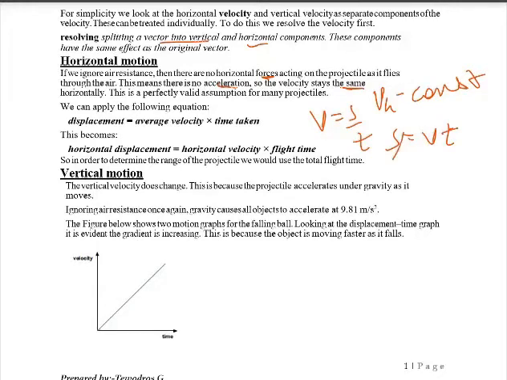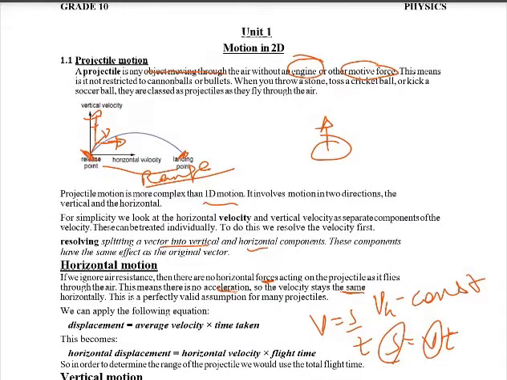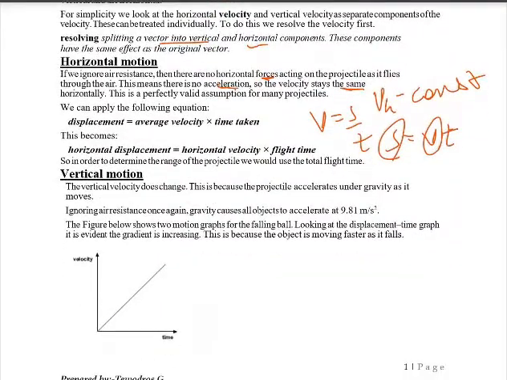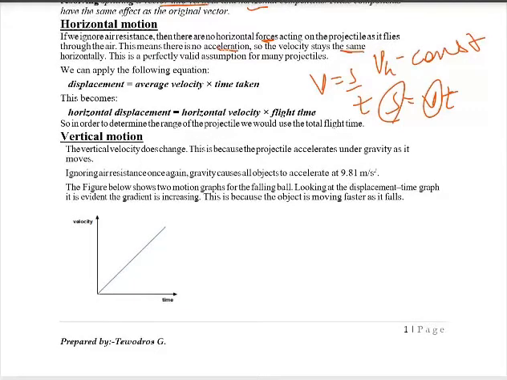The velocity we use is the horizontal velocity, times the time the object needs to move from this point to this point, which we call flight time, because the object is in the air between these two points. So, to determine the range or horizontal displacement, we use horizontal velocity times flight time.